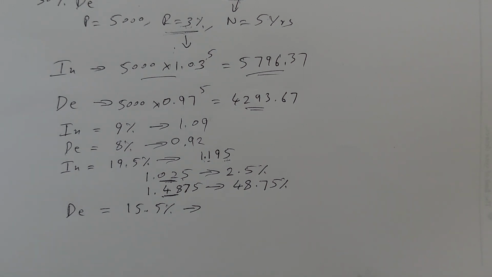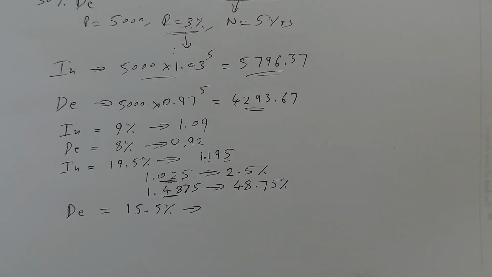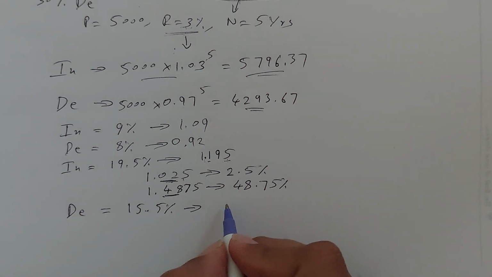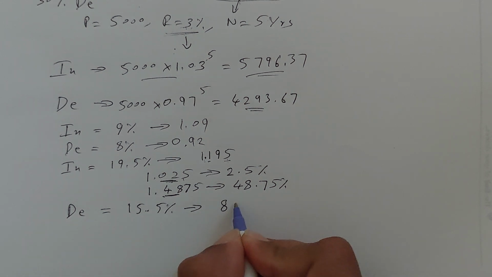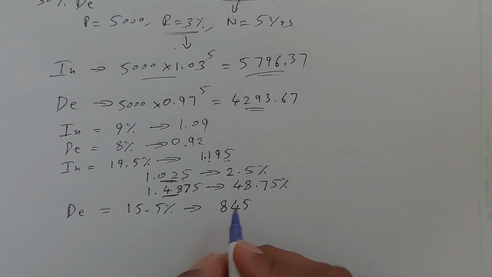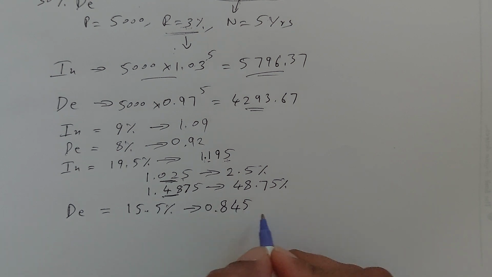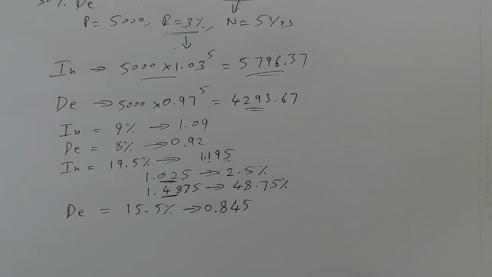In your mind, it should be 100 minus 15.5. So that will become 84.5. So what will we write? We'll write 845. Bring the decimal to the front. That's it. That's your multiplier for decrease with decimals. So 0.845 is the decrease multiplier for that particular value.